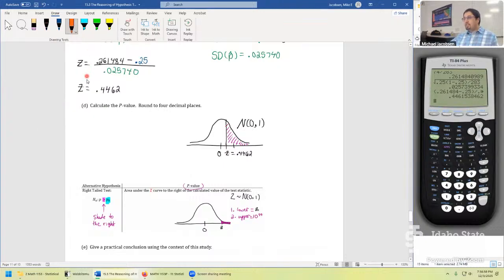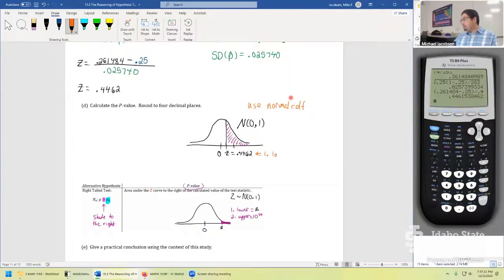And Z tells us what we're using. If you say Z, it means we're using normal CDF. If it was a T test statistic, we would be using T CDF. That'll be in the next section, section 15.4 rather.